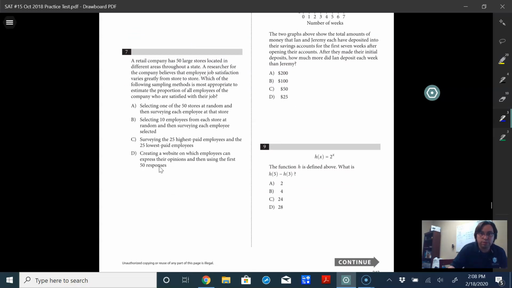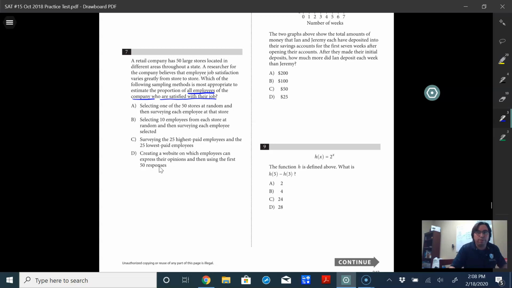Okay, so number 7, we see a retail company has 50 large stores located in different areas throughout the state. A researcher for the company believes that employee job satisfaction varies greatly from store to store. Which of the following sampling methods is most appropriate to estimate the proportion of all employees of the company who are satisfied with their job? The key thing is all employees.